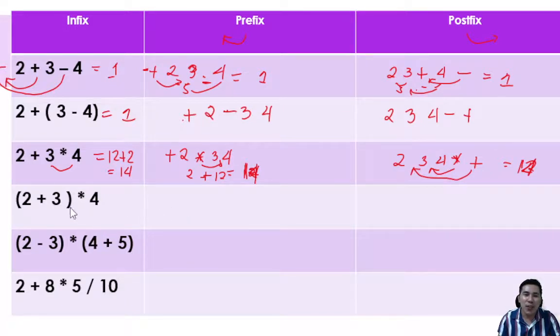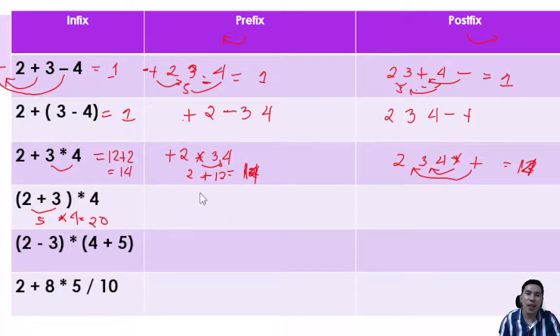Okay. So let's have here 2 plus 3 times 4, this time with parentheses. This one is evaluated first, 2 plus 3, which is actually 5, and then multiplied by 4, which is actually 20.